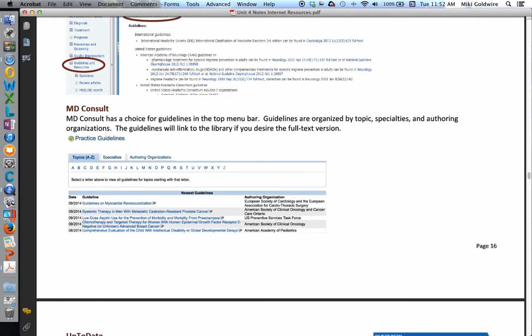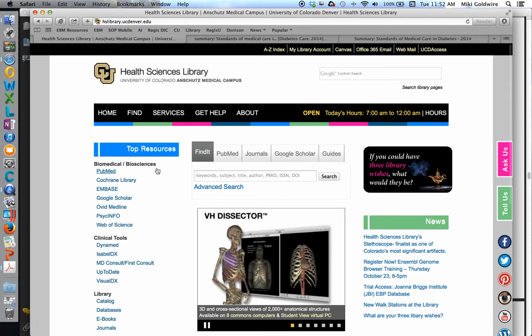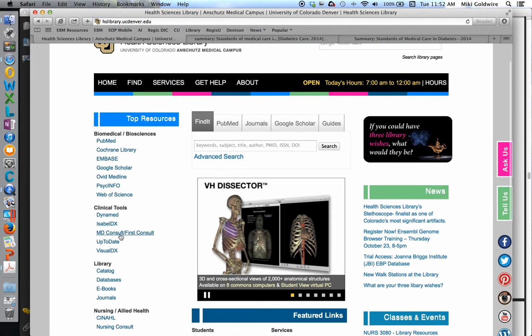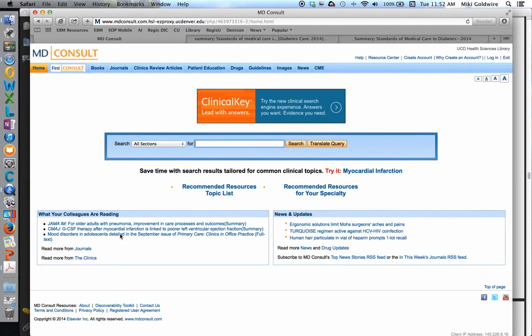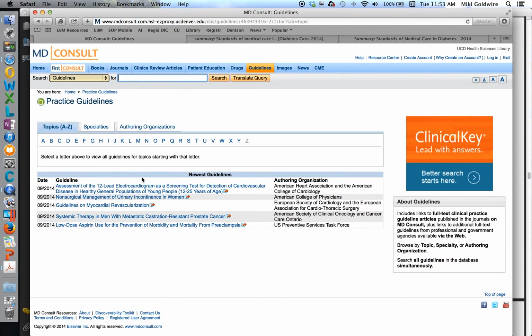Another excellent source of guidelines is MD Consult. Let's go back to our library. And then MD Consult to the left, if we choose MD Consult / First Consult, has a button here, Guidelines. And it lists its guidelines in alphabetical order, by topic, by specialty, and by authoring organization.